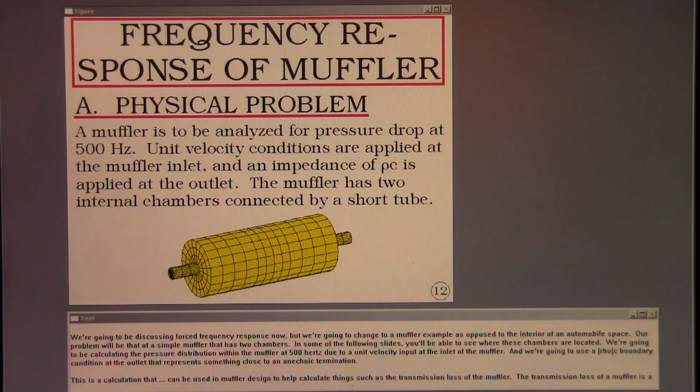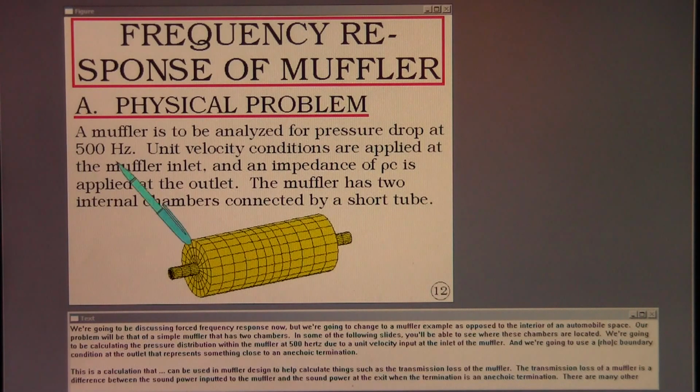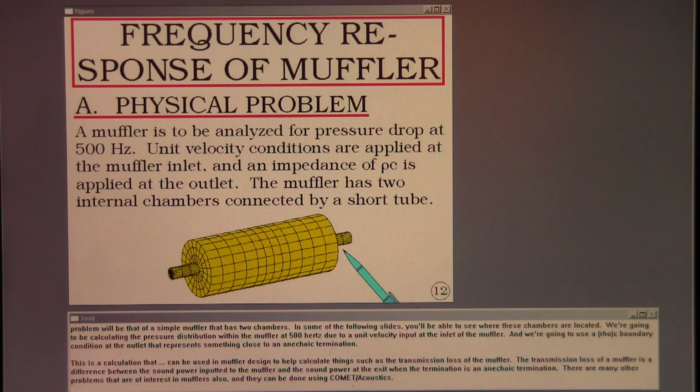We're going to be calculating the pressure distribution within the muffler at 500 Hertz due to a unit velocity input at the inlet of the muffler, and we're going to use a rho C boundary condition at the outlet that represents something close to an anechoic termination.